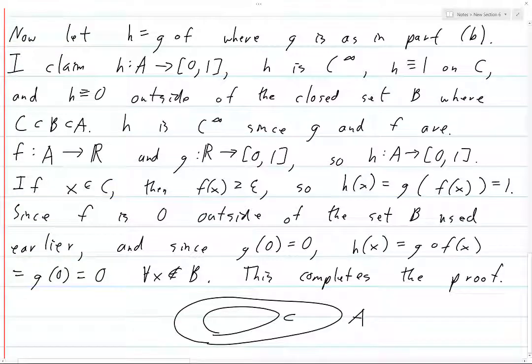And so you have this plateau-like mountain, where if you're plotting this function, it looks like you've got a really flat surface on the set C, and then you have these cliffs that fall off, and you reach ground level on the boundary of A, and then you're just on the ground outside of A. So the existence of such a function is really nice.